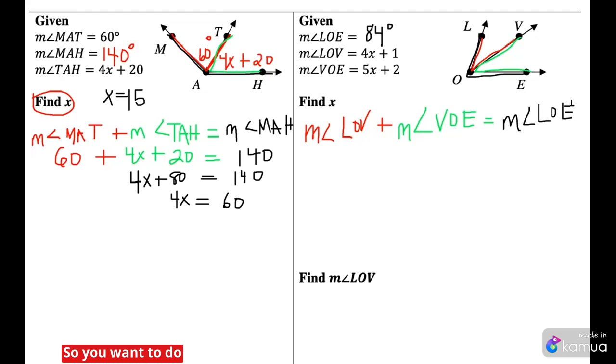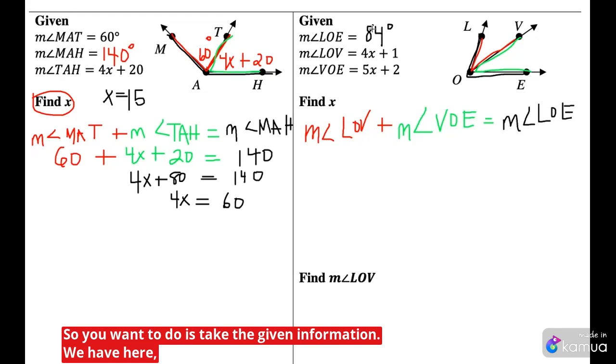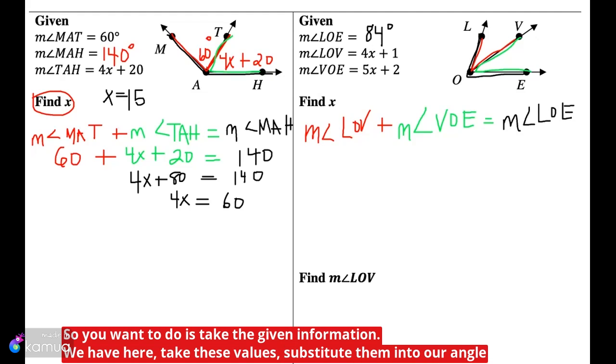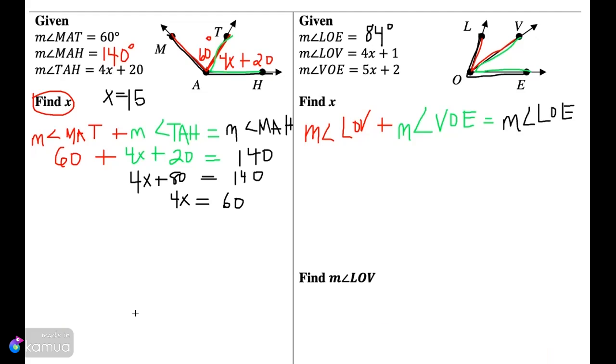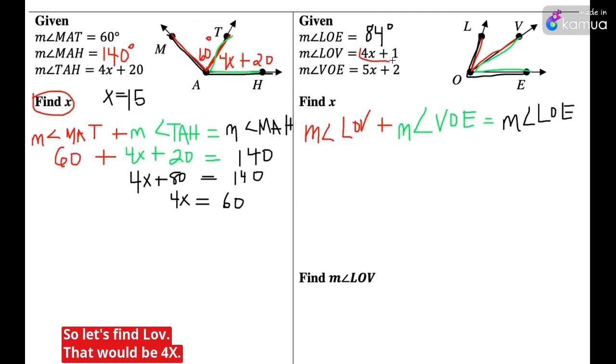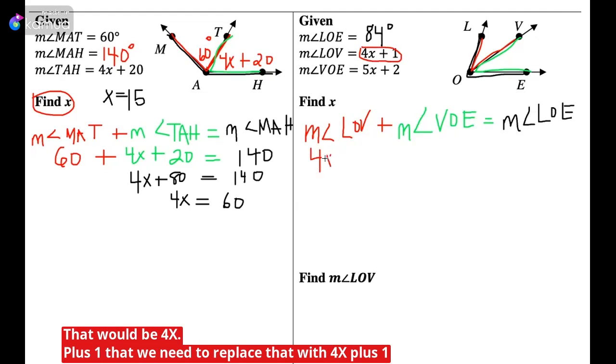So what we want to do is take the given information we have here, take these values, substitute them into our angle addition formula. So let's find LOV, that would be 4x plus 1 that we need to replace that with, 4x plus 1.